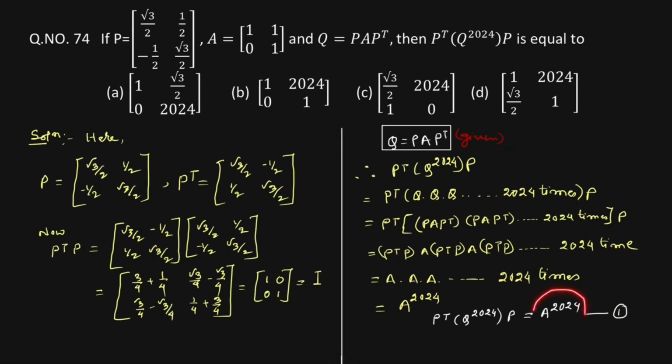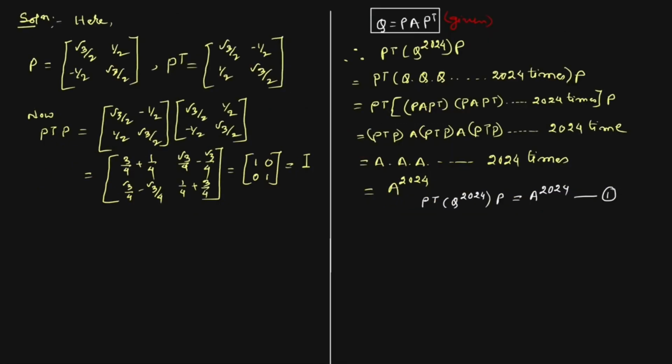Now we are going to find A to power 2024. For this we take the help of A. Therefore A is given, which is equal to [[1,1],[0,1]]. Now we find A square, that is A into A, which is equal to [[1,1],[0,1]] into [[1,1],[0,1]].